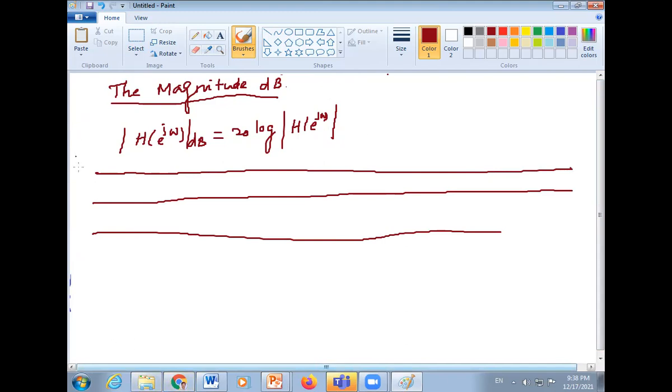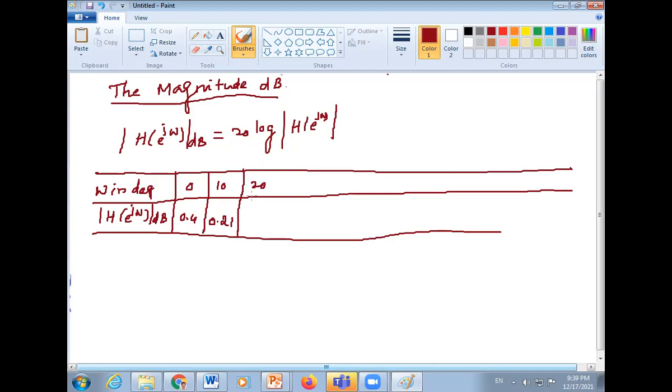So here it is omega in degrees, and this is the magnitude of H of e power j omega in dB. If you go on changing the value, at 0 you get the value 0.4, and for 10 you get 0.21. Likewise, we have to calculate the table.